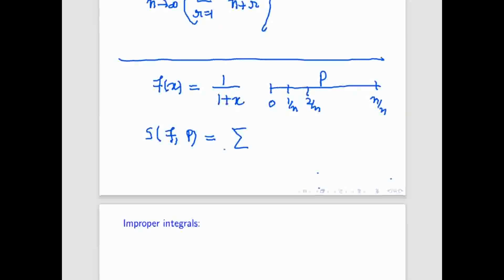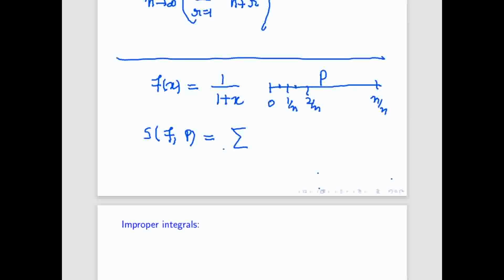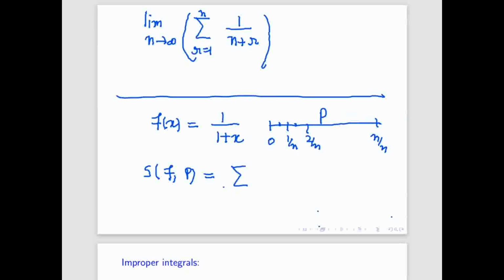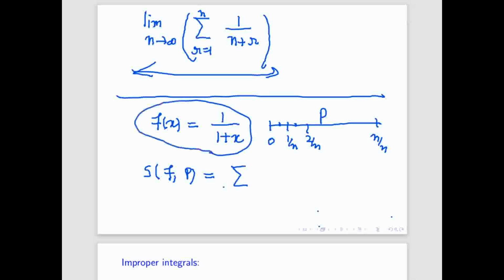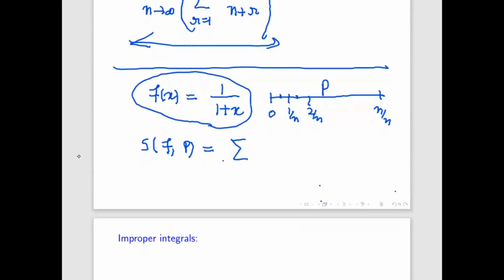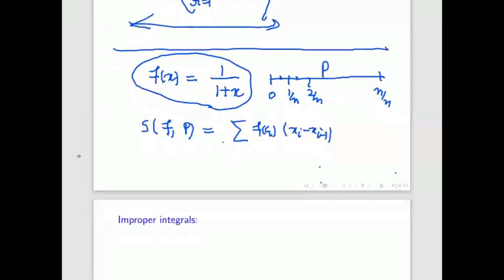So suppose here c1 is somewhere, c2 is here. Any point you can take, you can even take 0, even 1 by n. What I want to do is convert into something like this by using this function. So the length of the interval is 1 by n. First I will write f of ci; ci we have to choose, and i from 1 to n.